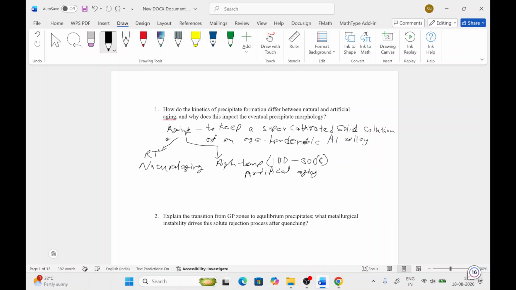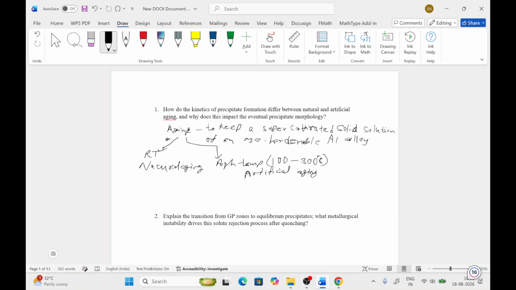So aging means the supersaturated solution, as it comes to room temperature or a lower temperature, reaches its solubility limit. So the extra solute atoms start to precipitate out from the aluminum matrix. The aluminum matrix forms by rejecting extra solute atoms, and those extra solute atoms arrange in some order to form precipitate particles.